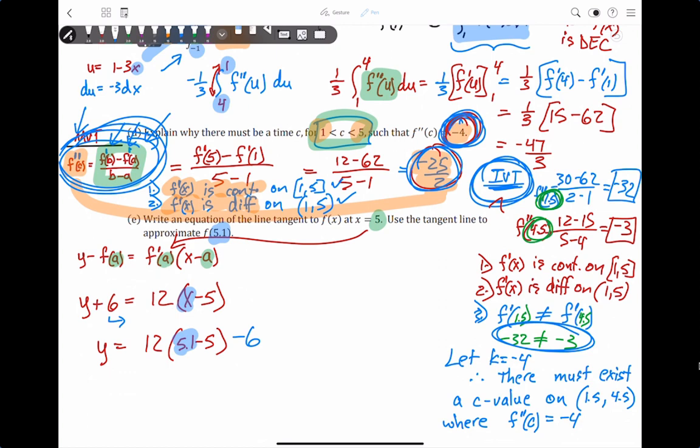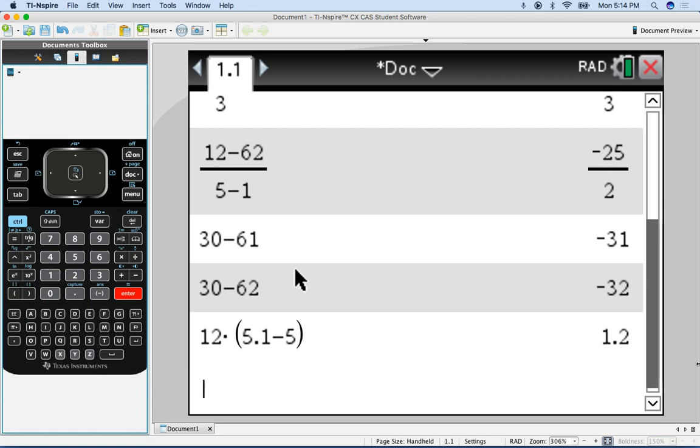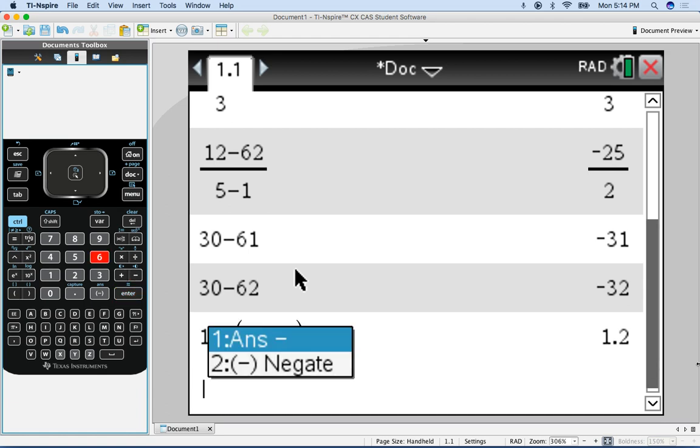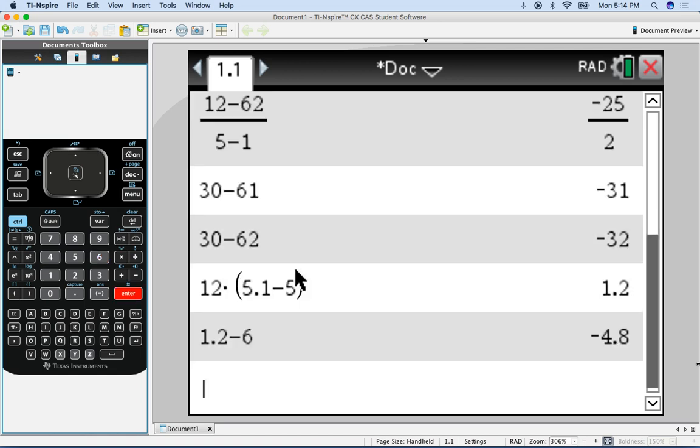Let me go ahead and use the calculator just for the sake of speed. So 12 times 5.1 minus 5, so that's 0.1, so that's 1.2. And then we're going to minus 6, so answer minus 6, we're going to get a negative 4.8. So y is equal to negative 4.8, or you could say f of 5.1 is equal to a negative 4.8.